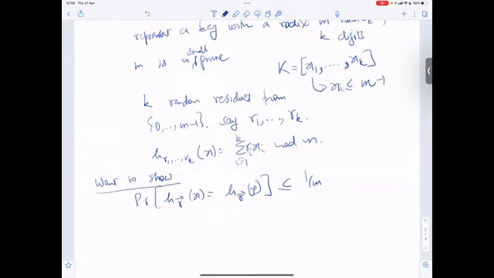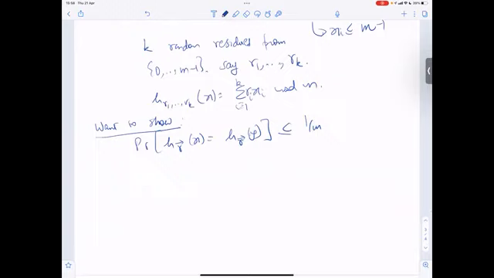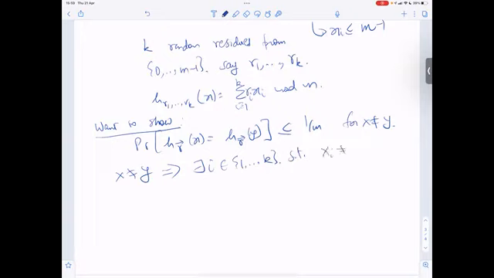Okay, so how do we do that? Well, that's not very hard. Let's do it. Firstly, for x not equal to y, correct? If x is not equal to y, it means that there exists an i from 1 through k such that xi is not equal to yi.